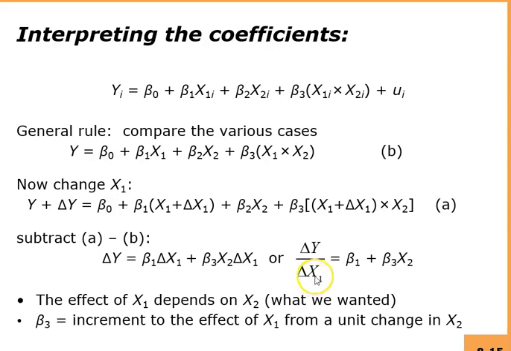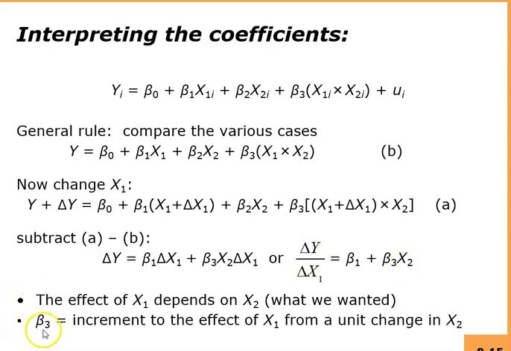So this gives us a nice expression for change in y over change in x1, and you can see that the effect of x1 on y essentially also depends on the value of x2 over here. And that is what we wanted to capture, and that is what we are getting after introducing the interaction term between x1 and x2.